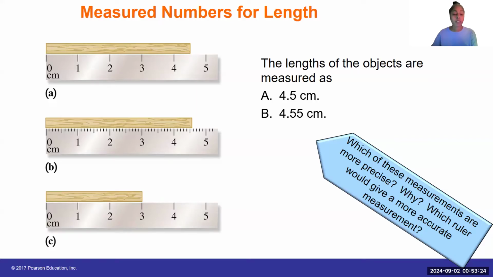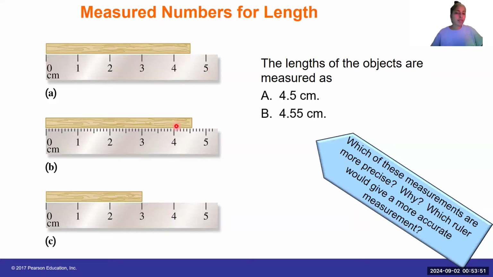Well, if we're considering significant figures, remember when we're taking a measurement, the measurement has to have all of the known values plus an uncertain digit. What is the known value that we have here? Well, that known value is 3. Can we guesstimate if we were to use this ruler just like we did for A?